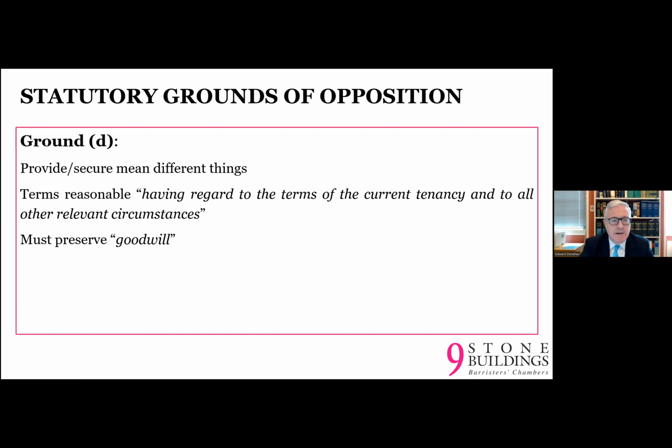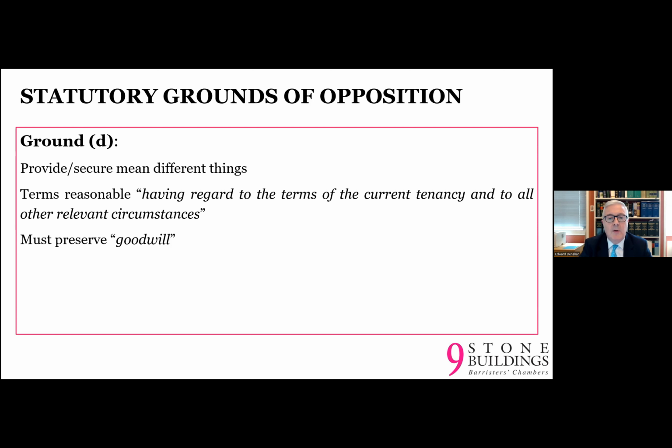The terms must be reasonable, and that's an objective assessment, but of course we are obliged to have regard to the terms of the current tenancy and to all relevant circumstances. The words having regard to the terms of the current tenancy and to all other relevant circumstances are also to be found in section 35. Section 35 of the Act makes provisions for the terms of the new tenancy, or a new tenancy, other than duration and rent.